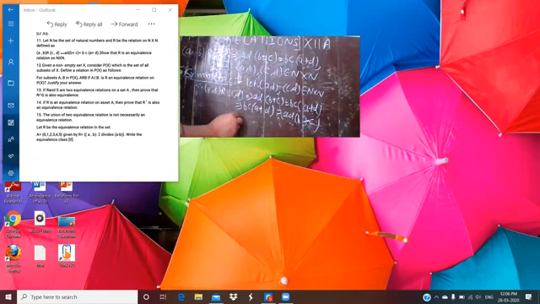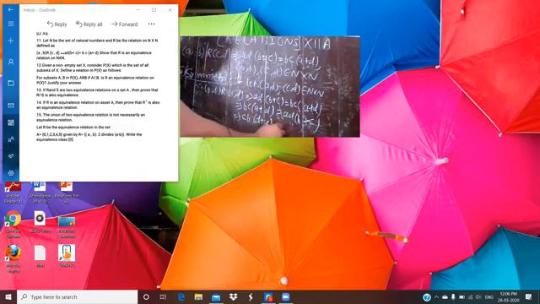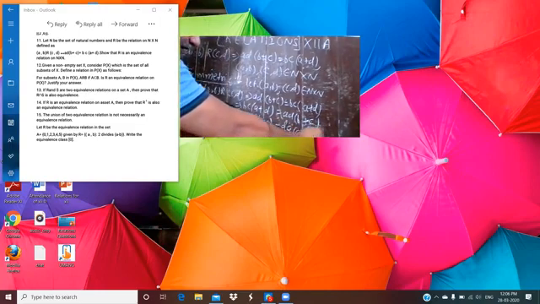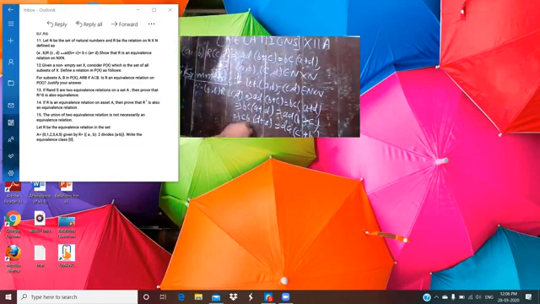Then applying the commutative law, CB into D plus A is equal to DA into C plus B. And that result can be written as CD R AB.